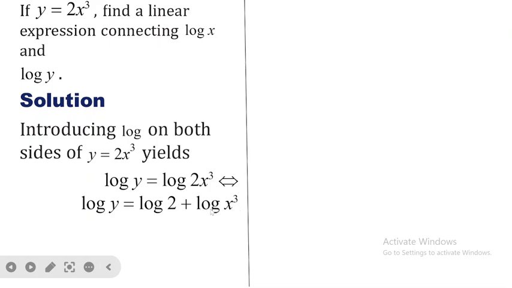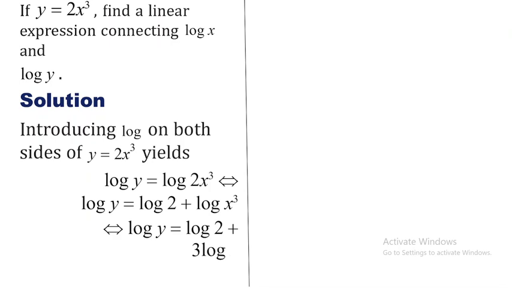As you see, the first rule of logarithm is written this way. So log of y is equal to log of 2 plus 3 log of x, where we use the third logarithm rule, where the power must be placed in front of the logarithm sign.